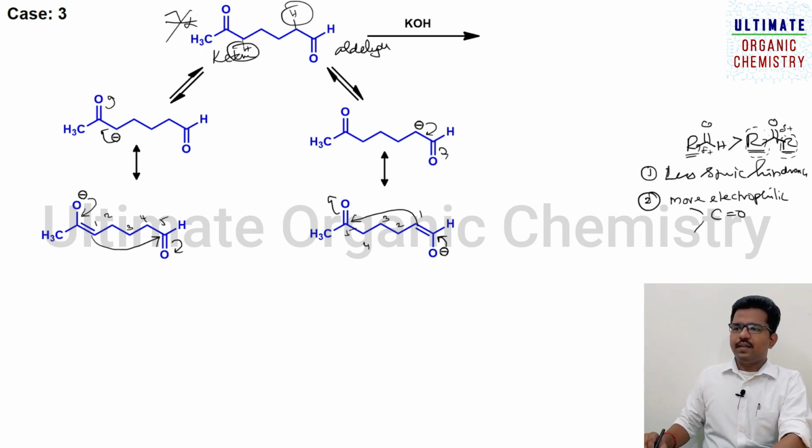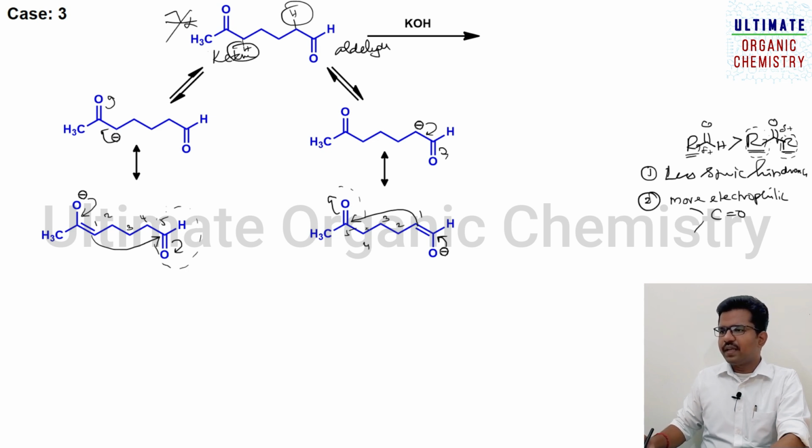So if you apply this concept here, what will happen? The aldehyde is getting reacted in this case. Here you have ketone getting reacted. As I said, which will be more reactive? Aldehyde will be more reactive, and this will be forming, and this type of attack will not be forming. Please remember. So this is about the first way.